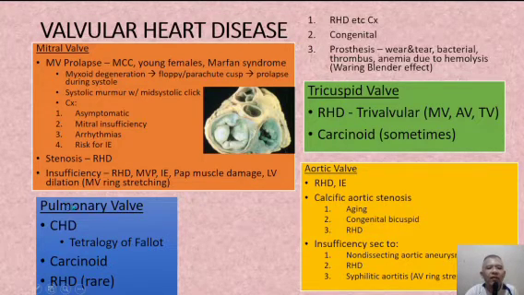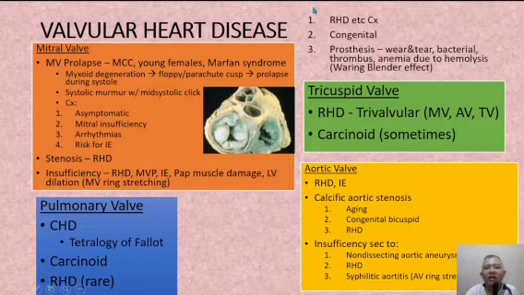For the pulmonic valve, in tetralogy of Fallot, take note that one of the components is pulmonic stenosis. For the aortic valve, it's very common to have calcific aortic stenosis due to aging.